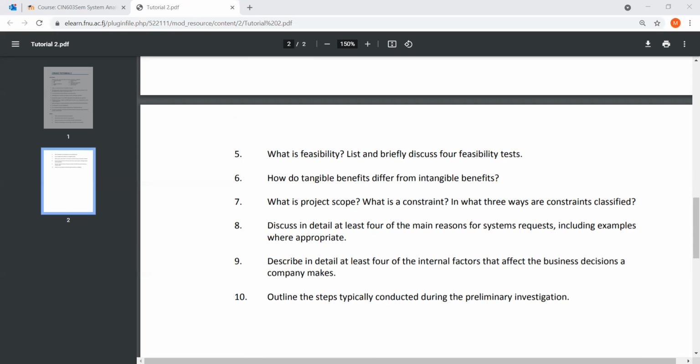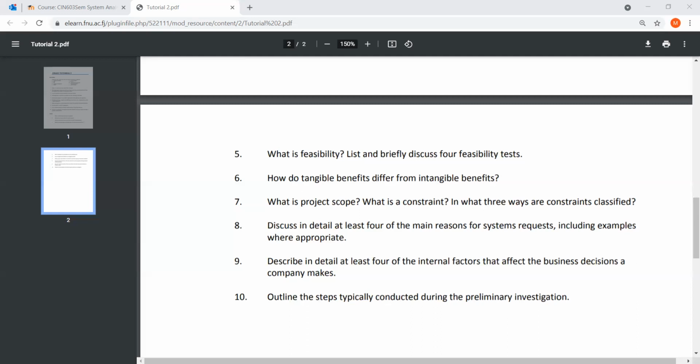It tells us whether a project is worth the investment, or is doable.